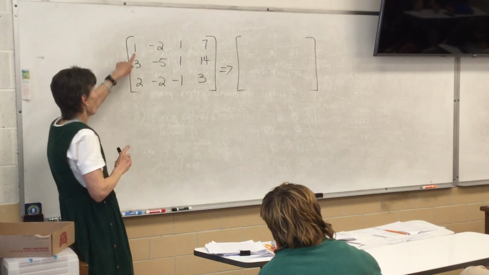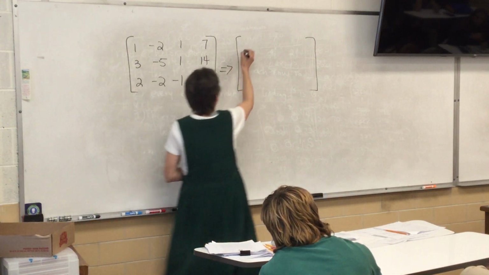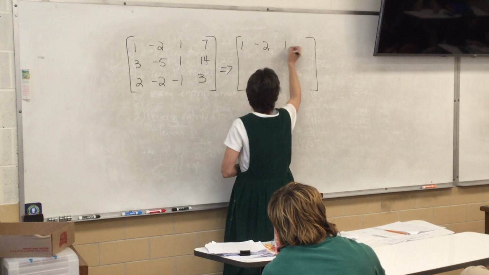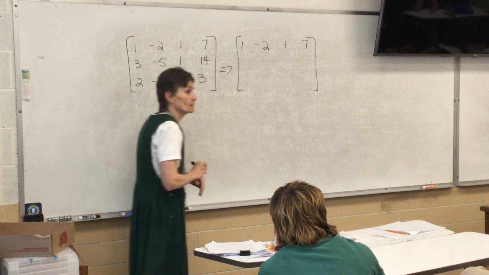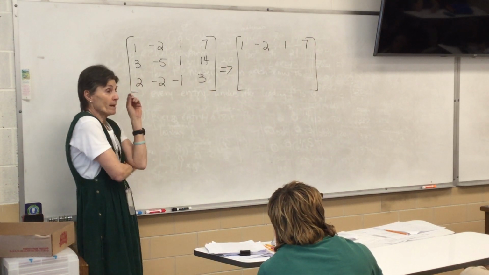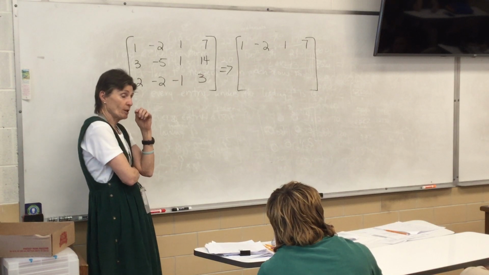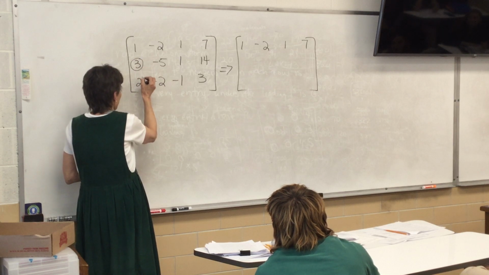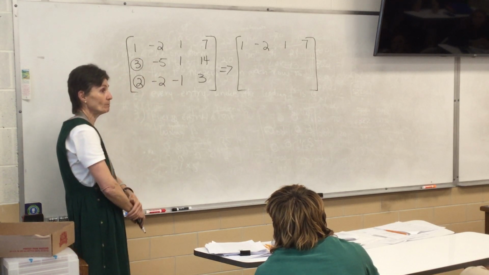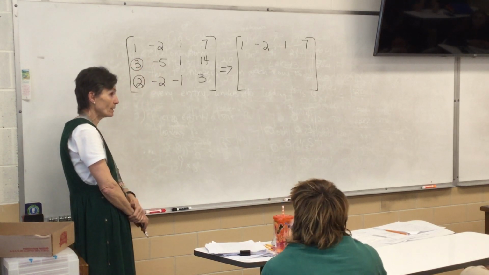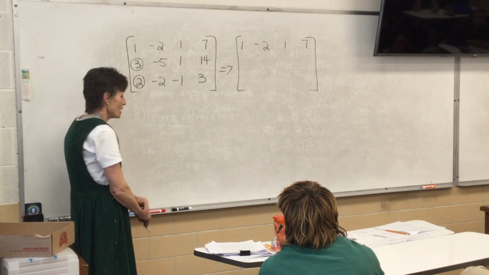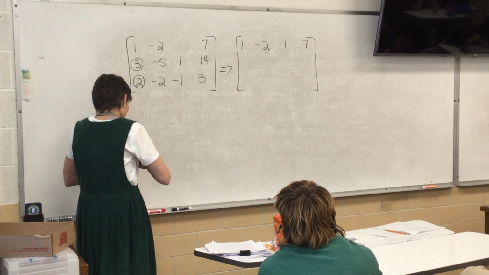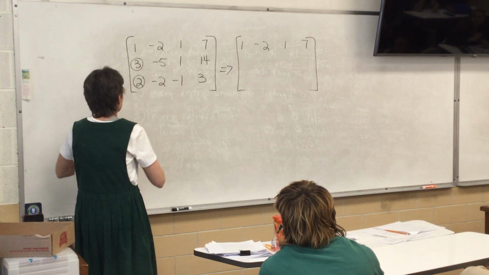There is nothing wrong with the top row, so I'm going to go ahead and just recopy it. Remember, my goal is row echelon form. So don't these guys have to both become zeros now because they're under that 1? So I'm going to do what I do when I eliminate.